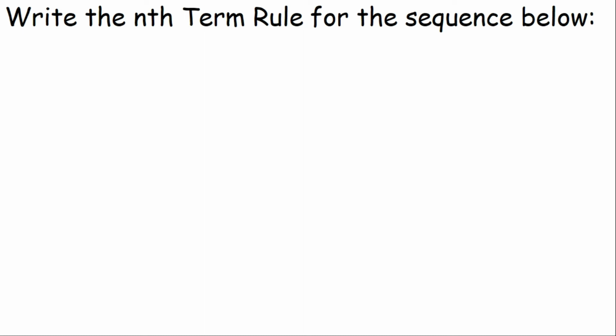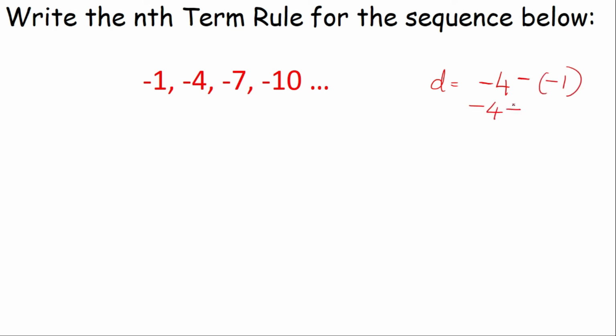Find the n-term rule for the sequence below: -1, -4, -7, -10. Here, be careful when you're looking for the common difference. Taking the second term, I'll take -4 minus -1. So -4 plus 1, because I have a negative here and a negative inside the brackets, so it turns out to be a plus, giving -3.